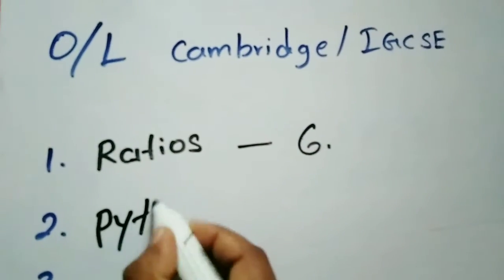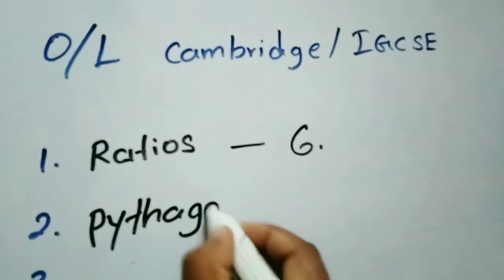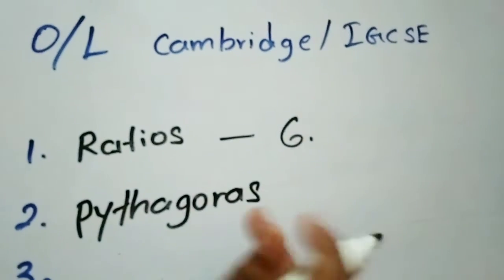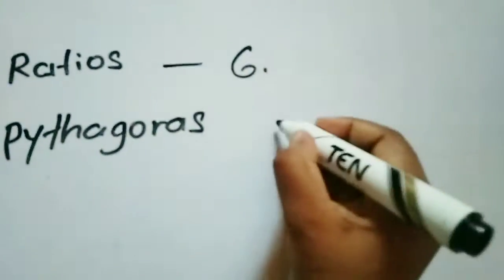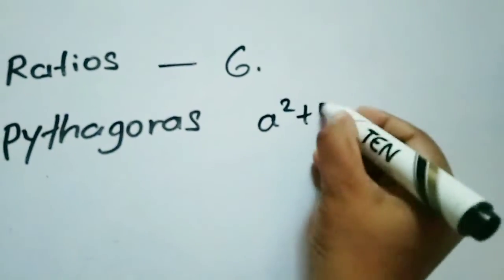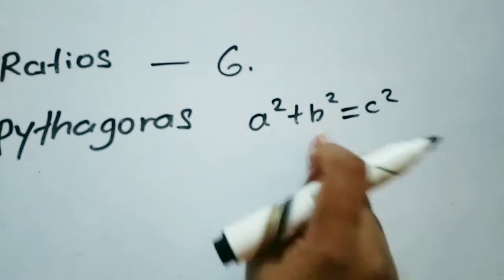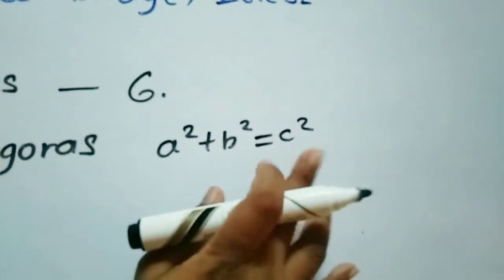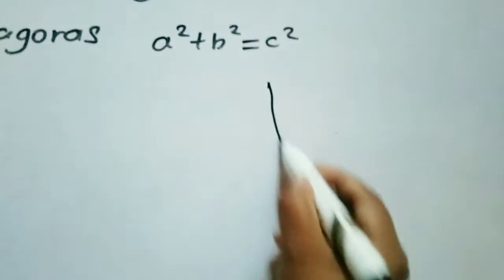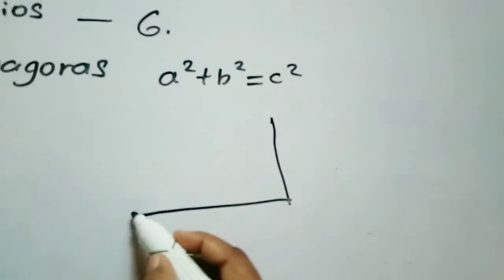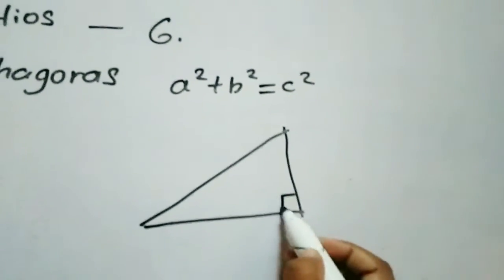The second thing we need to discuss here is Pythagoras theorem. What is Pythagoras theorem? A square plus B square is equal to C square. What are these A, B, C here? Let's consider a right angle triangle.